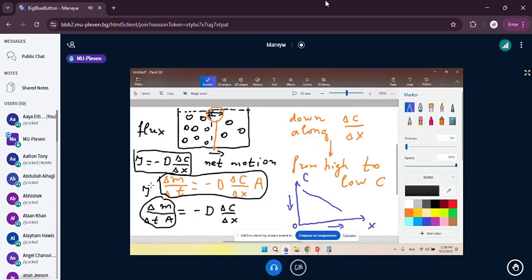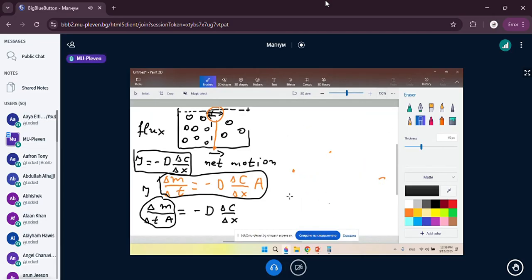Here I would like to derive the unit for the coefficient of diffusion using Fick's law. For that purpose, I'm going to clear some space and let me express the coefficient of diffusion using the equation in red.